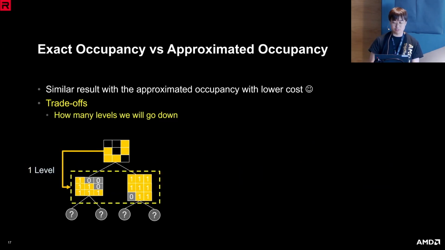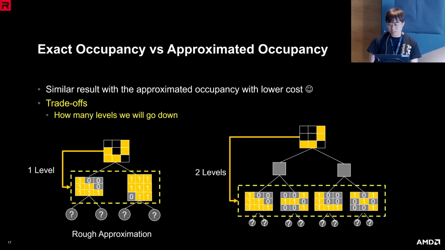A way to control the accuracy is how many levels we go down. Let's see, on the left, we take the occupancy from the direct children, but the approximation may be too rough.